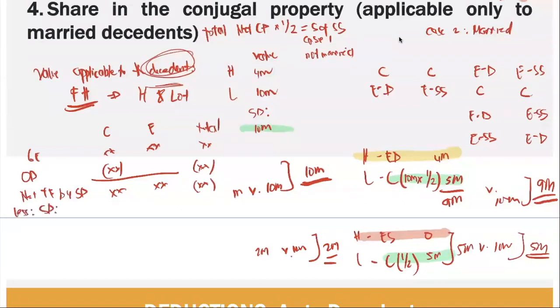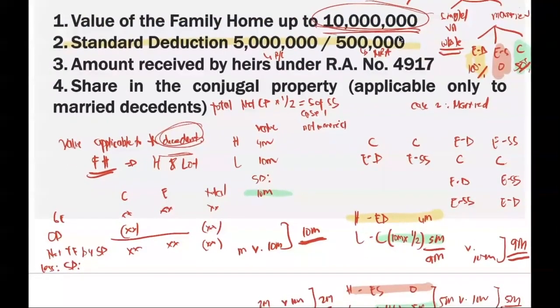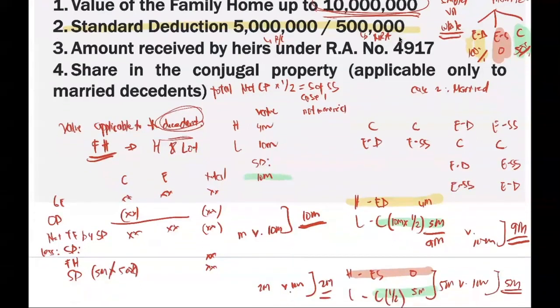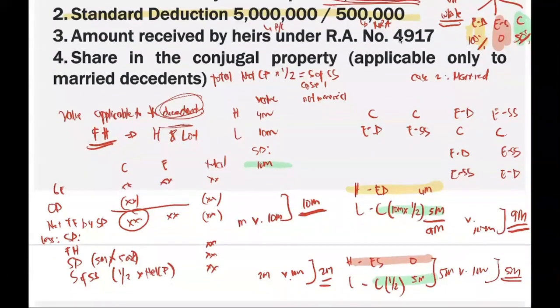What are your standard deductions? The first are your special deductions. First is your family home, so the amount on your family home. Standard deduction, whether that is 5 million or 500,000. And then we have your share of the surviving spouse, that is 1/2 of your total net conjugal property. Then RA 4917: what we do here is 1/2 of the RA 4917 if married.